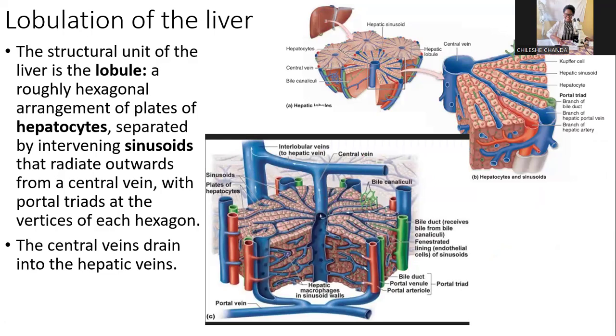These portal triads are found at designated points of the lobules. And these lobules are the structural units of the liver. Those lobules, divided by the trabeculae that are sent in by the capsule that covers the liver, are the structural units. They are the ones that have the hepatocytes.